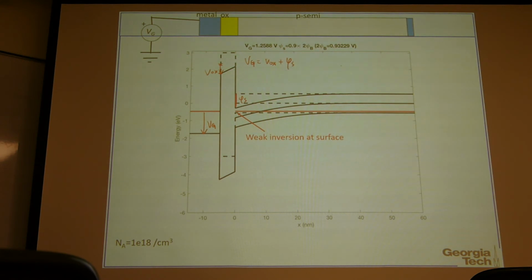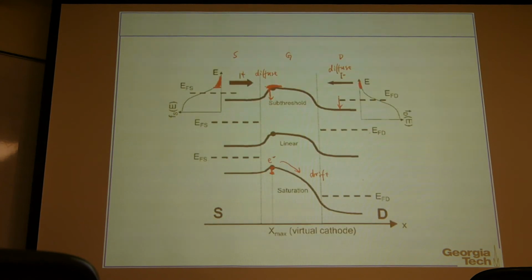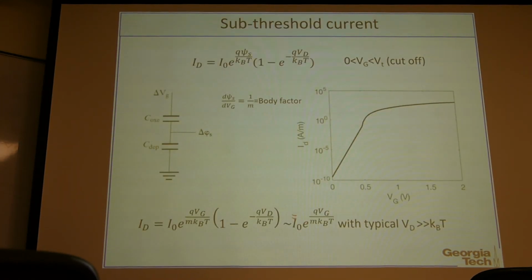So the phi s is just a portion of the gate voltage you apply. So we give a factor of this portion as the body factor. So the change of phi s with respect to the change of the gate voltage is defined as 1 over m, and we call this the body factor.